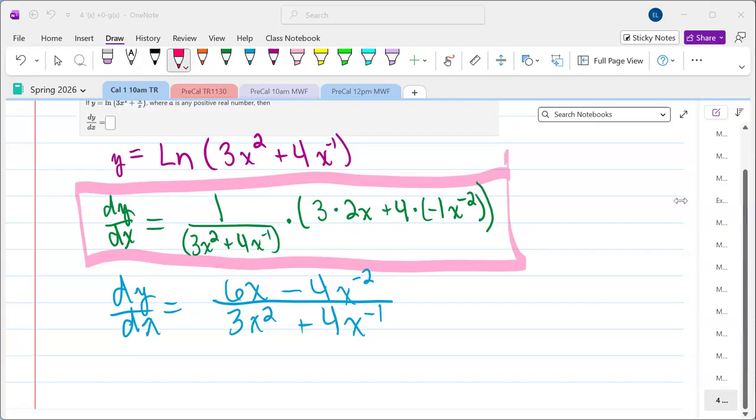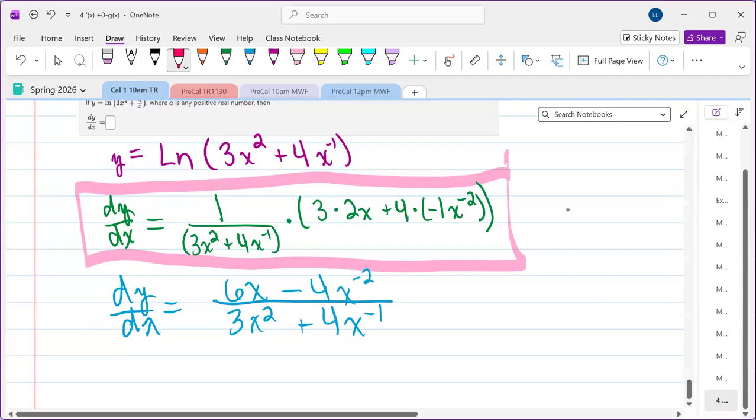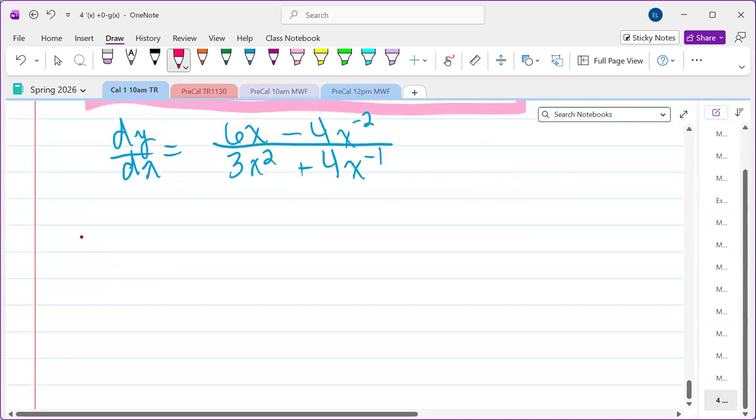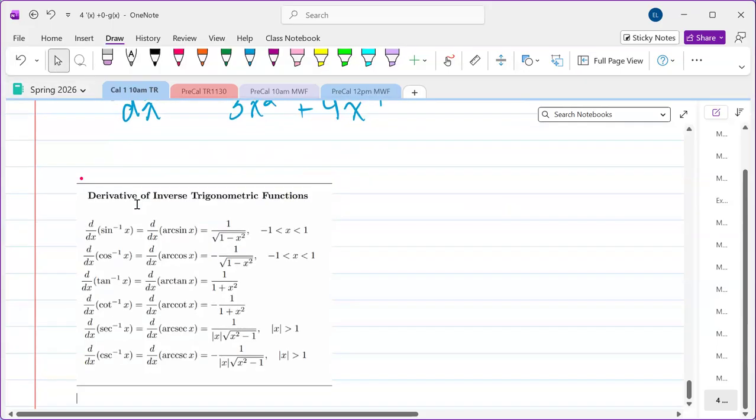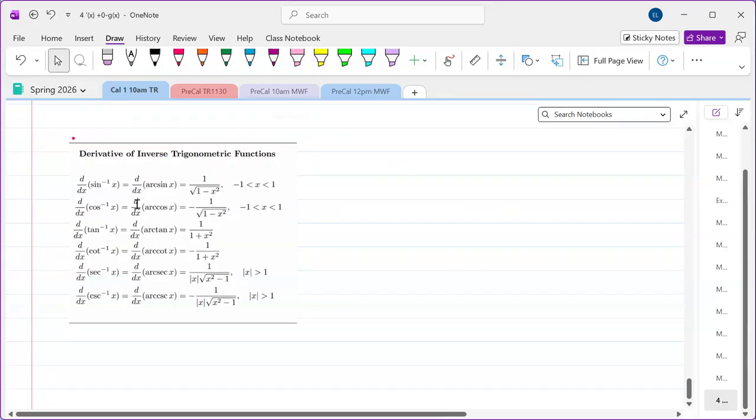Yep. So those are the only formulas you're going to get on the test.